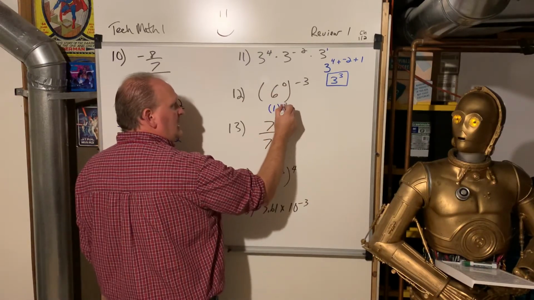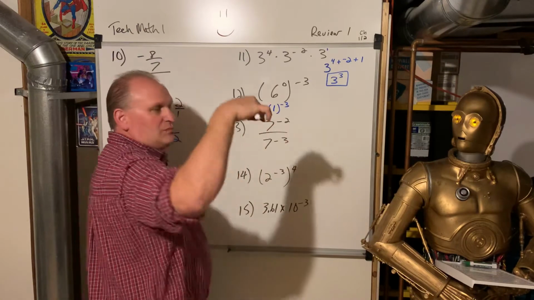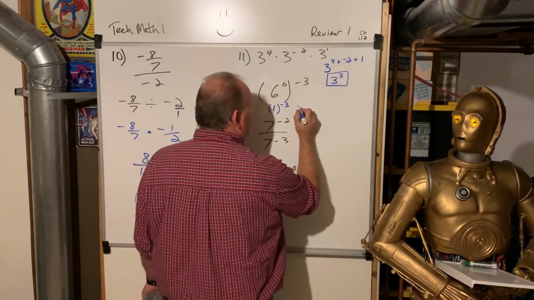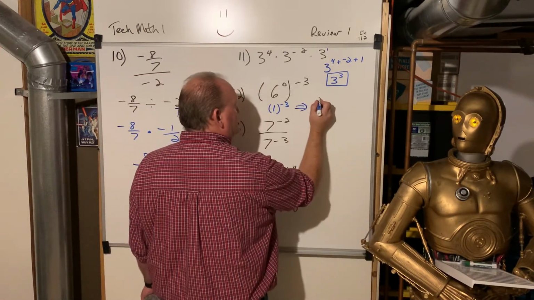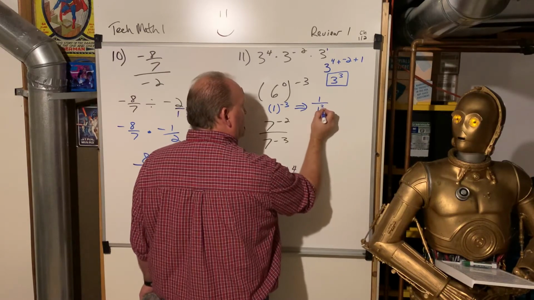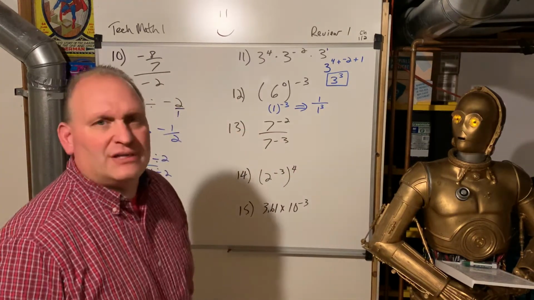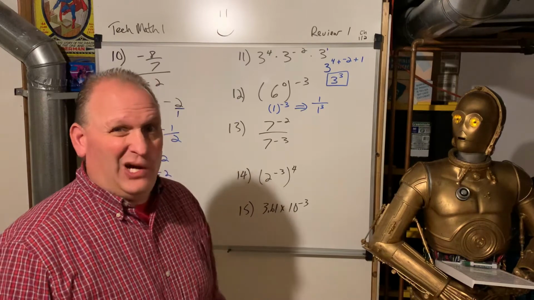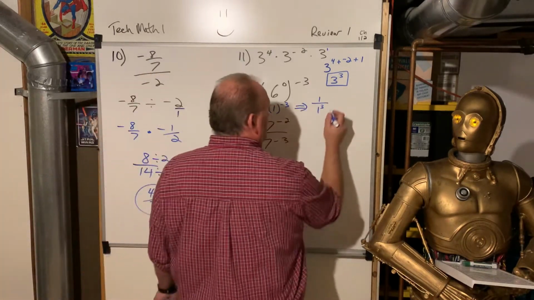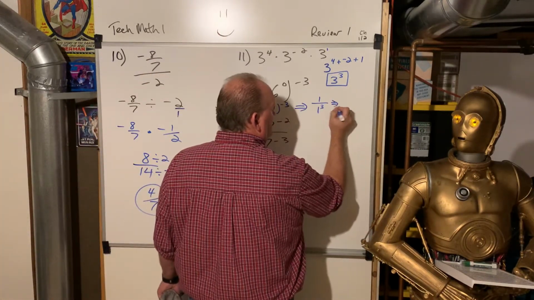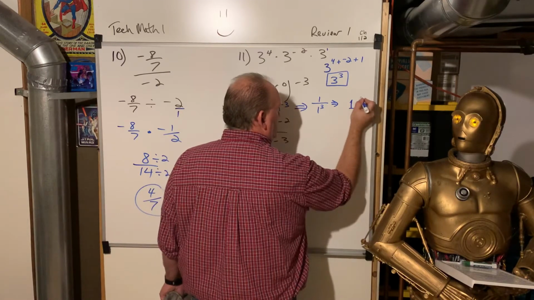So this is 1 to the negative 3. Negatives just move it into the denominator, but that's really not going to do much for this because that's just going to be 1 over 1 to the 3rd. Well, think about what 1 to the 3rd is. That's 1 times 1 times 1. This is 1. So I got 1 divided by 1. And that is just plain old 1.